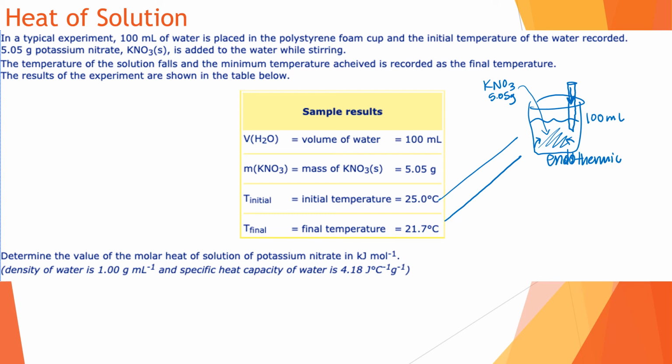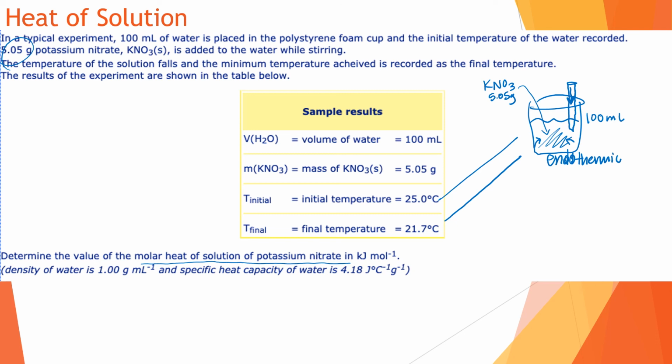It's asking us to use this information to determine the molar heat of solution of potassium nitrate. This experiment will allow me to calculate how much heat 5.05 grams of potassium nitrate absorbed, but then we can figure out how much it does per mole.